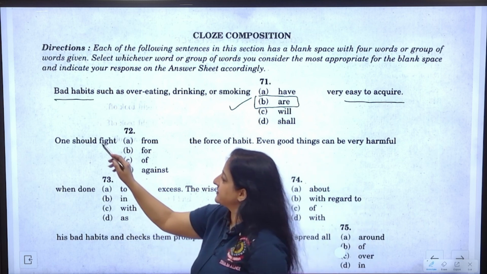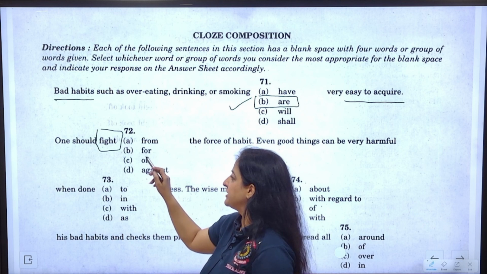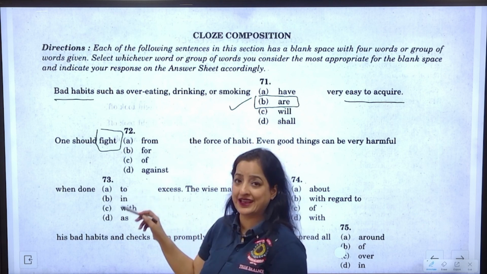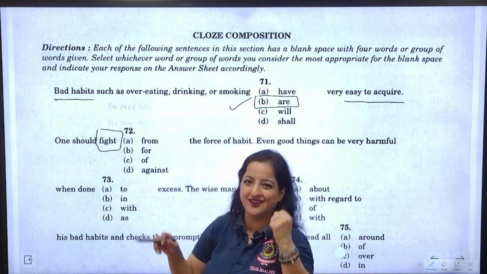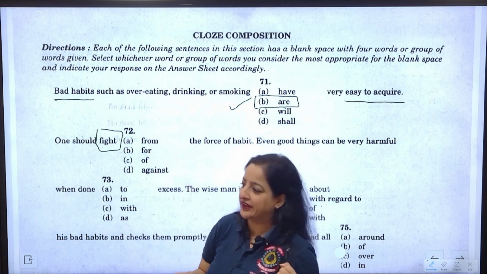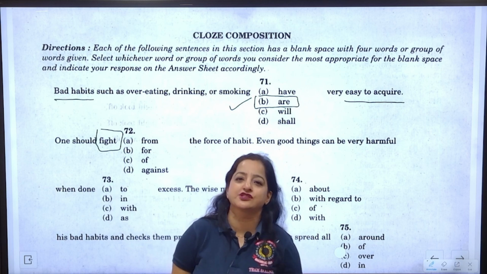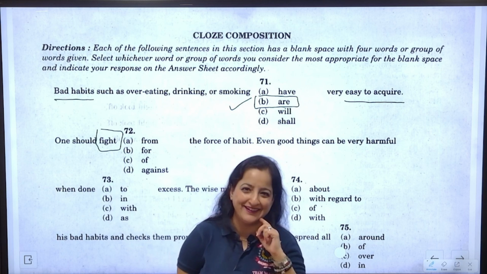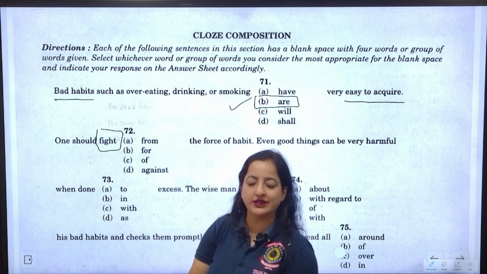One should fight. Now here it is talking about fight. So you fight from, fight for, fight of, or fight against. ये context पे depend करता है. अब इसके against fight करना है ना, क्योंकि alcoholism है. Yeah? Let's say अगर किसी के support में fighting for my rights, या तो वहाँ for आएगा, but यहाँ नहीं आएगा. Why? Because this is alcoholism, something negative.